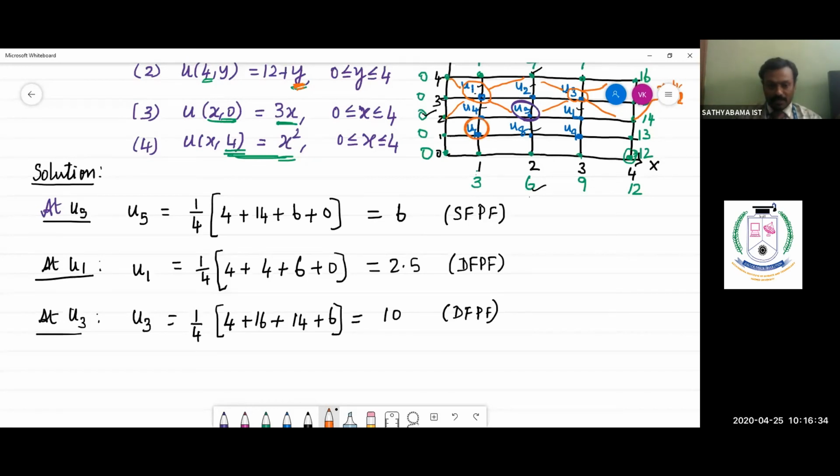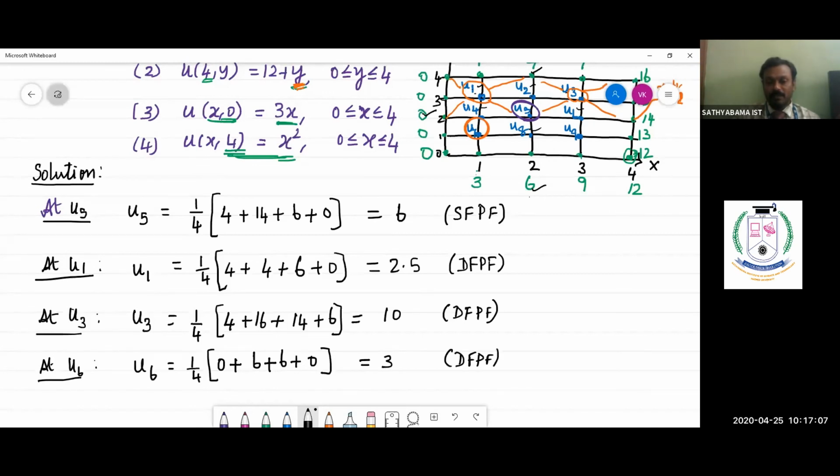So at U6, we have U6 is equal to 1 by 4 into the sum of the diagonal values, that is 0, 0 plus U5, it is 6 plus 6 plus 0, that is equal to 3. This again we got by applying the diagonal 5-point formula.